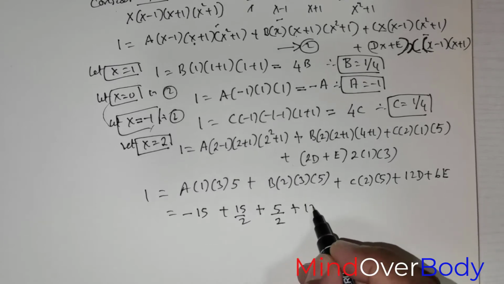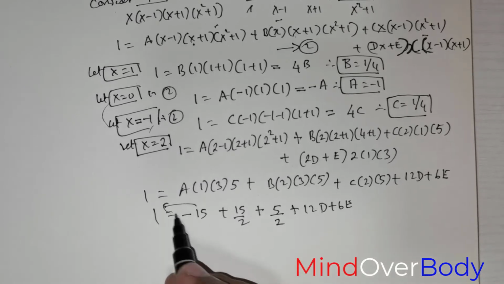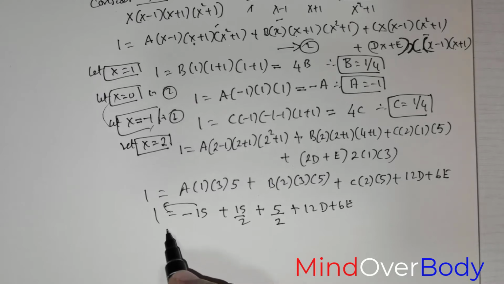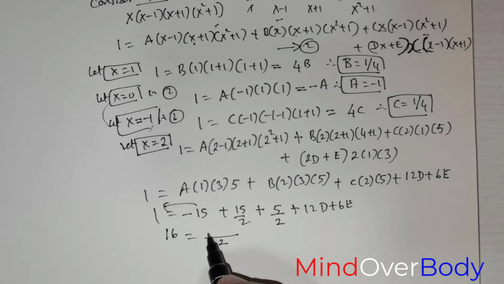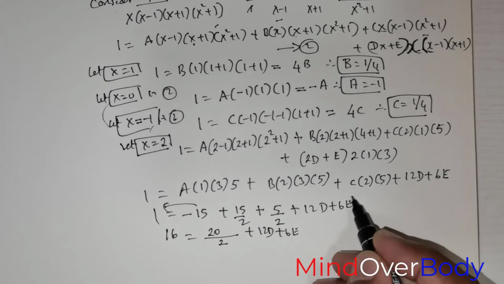Of course I've got a 12d and a 6e and a 1 here. So if I were to move this to the other side, this is going to be 1 positive 15, that's 16, and I can take the LCM as 2 here, that's going to be 20, positive 12d, positive 6e.